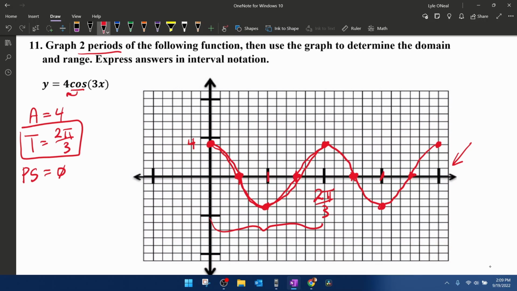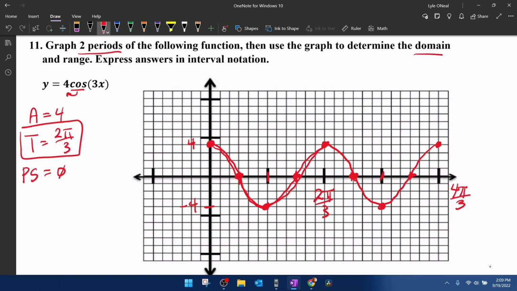If this much is 2 pi over 3, then another wavelength would be another 2 pi over 3. 2 pi and 2 pi is 4 pi over 3. So that would end up at 4 pi over 3. We can see that we go up 4 as well as down 4.